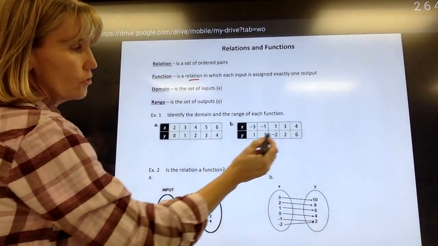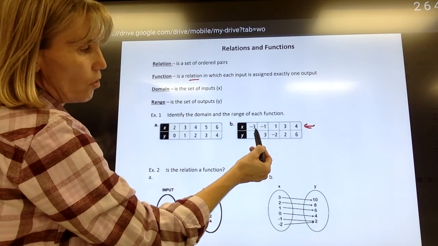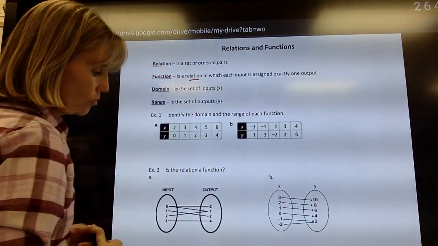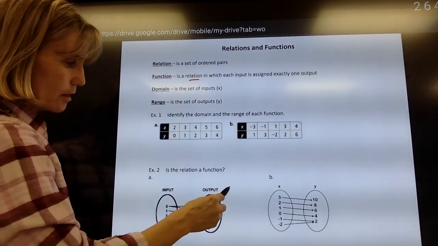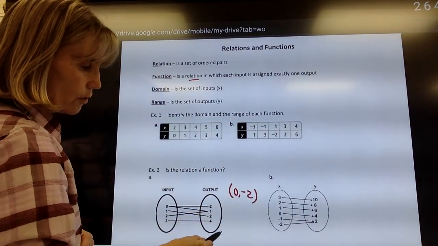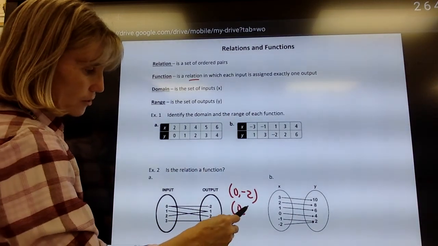So really what you want to do is just look at the x or the domain. We're going to say that all of these values are different, therefore yes, it's a function. Now if you'll notice, down here when I started listing the inputs and the outputs from this mapping, I said that 0 had a line drawn to -2, that was one ordered pair, but 0 had a second line coming off of it which mapped to 1.